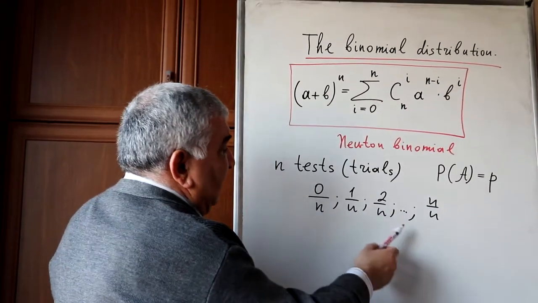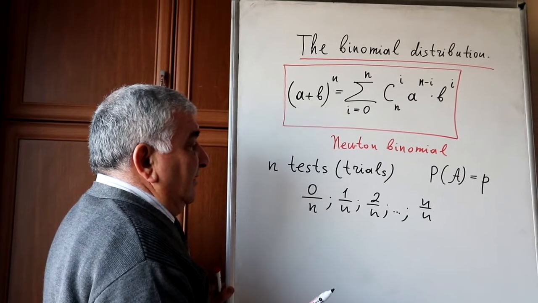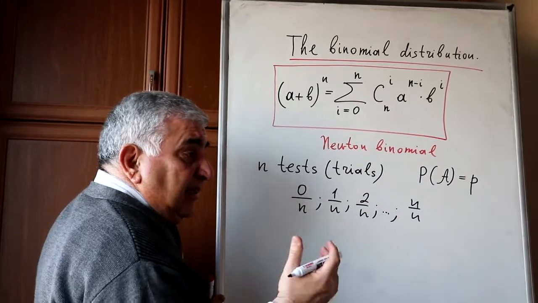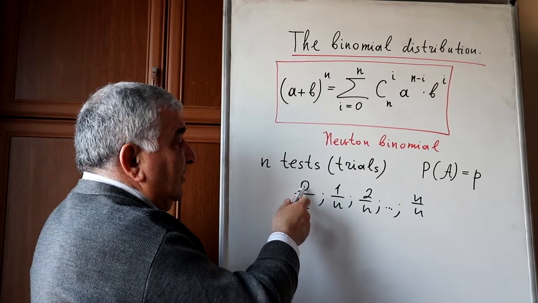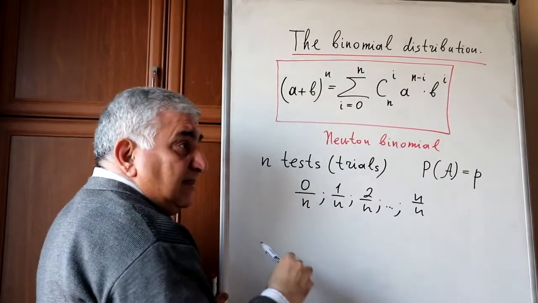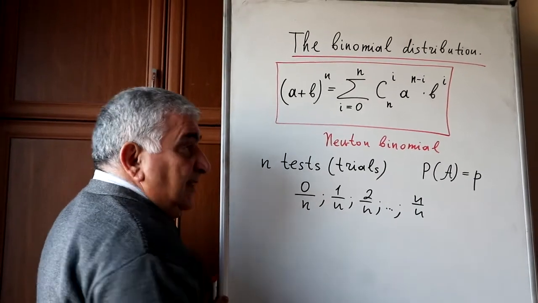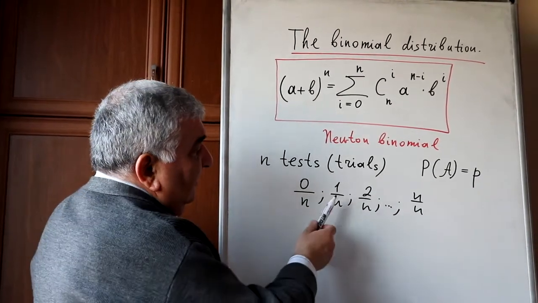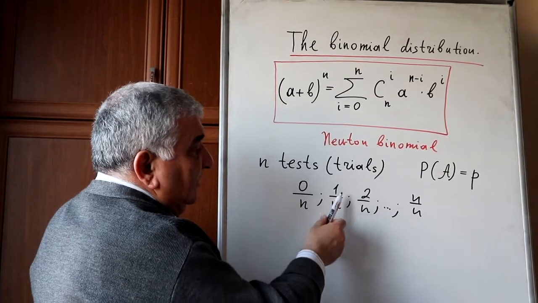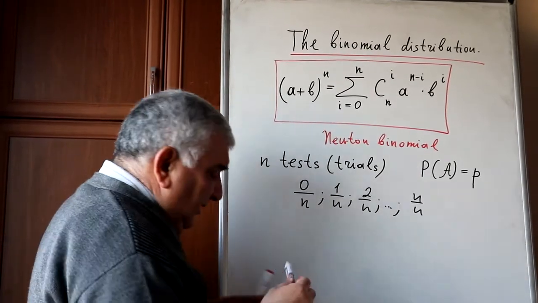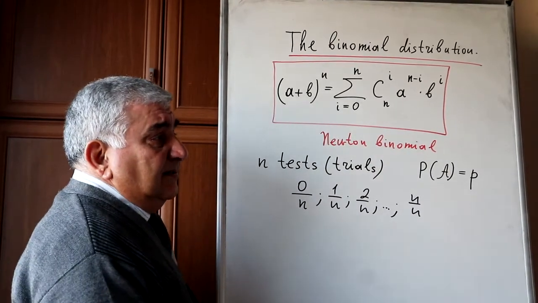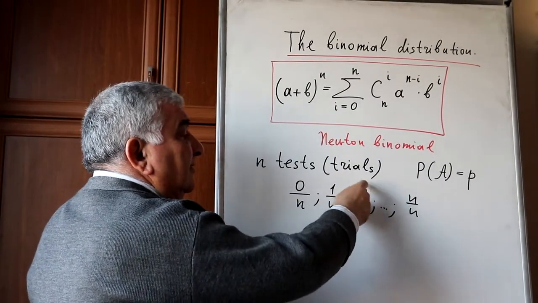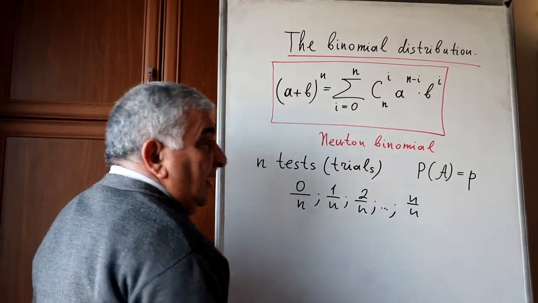It means totally n trials are realized, and if the event A is not realized, then the discrete random variable takes the value 0 over n. If the event A is realized only once, then the discrete random variable takes the value 1 over n. If the event A is realized twice, then the discrete random variable will take the value 2 over n.